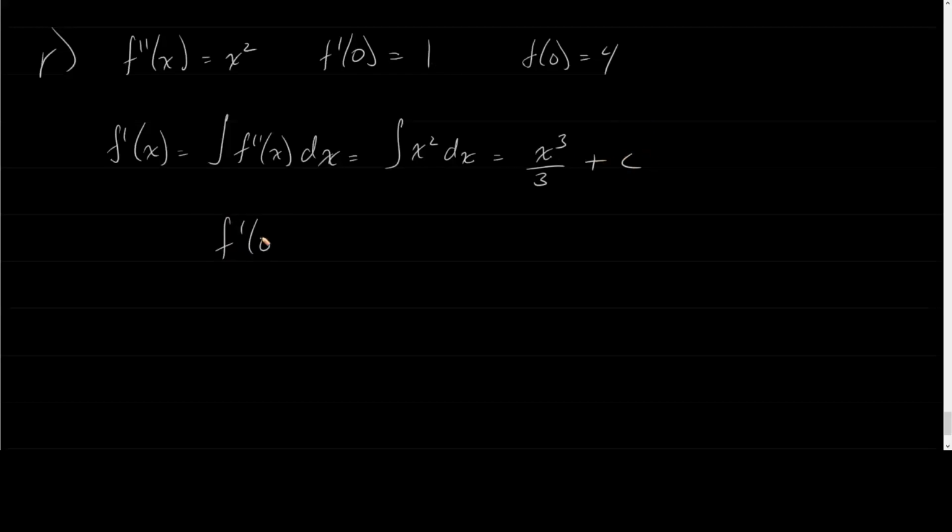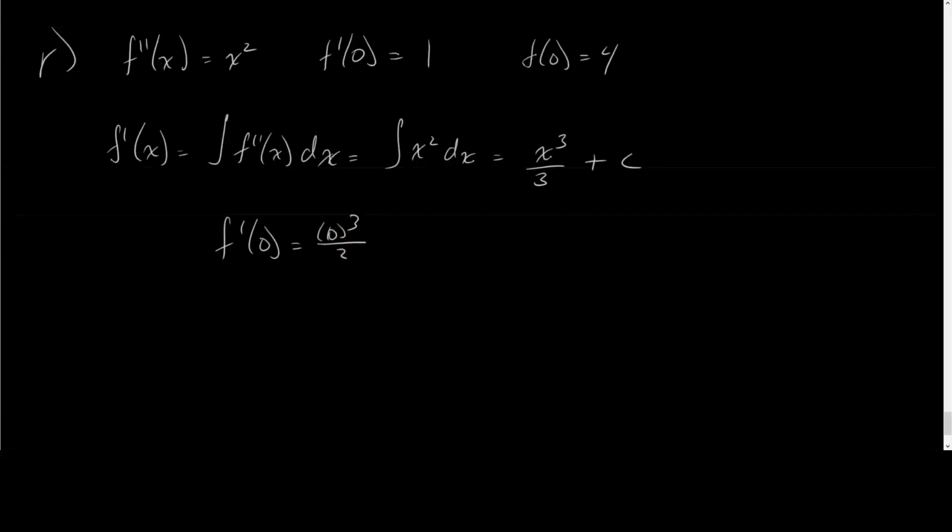So f prime of 0 would be 0 cubed over 3 plus c, and that's supposed to be 1. So c is equal to 1, right? 0 cubed is 0, divided by 3 is still 0. So now I've got that f prime of x is equal to x cubed over 3 plus 1.